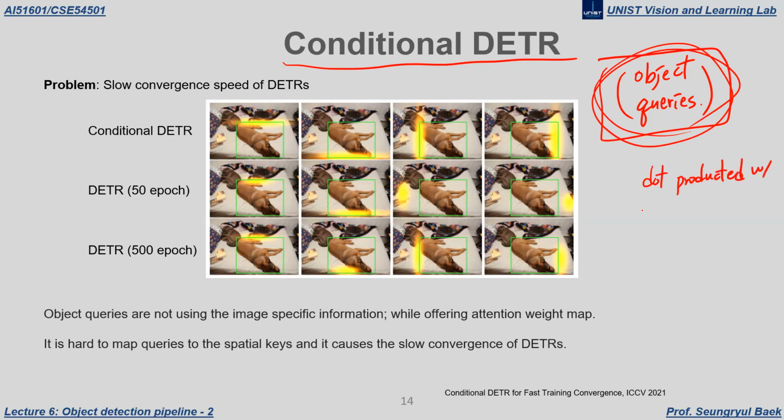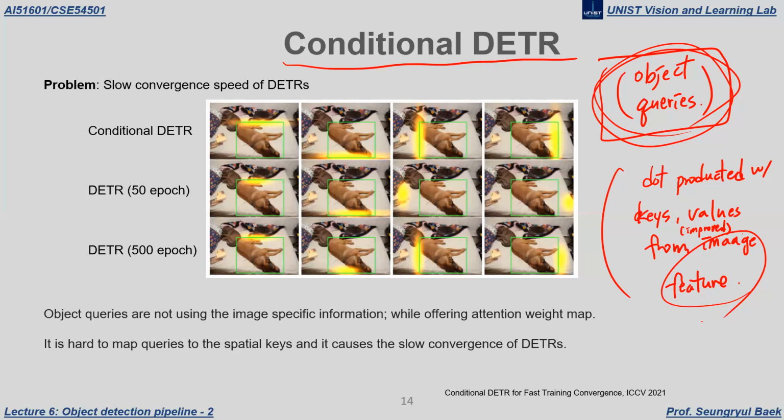the keys and values from the image feature, right? Actually the improved image feature, right? In the cross attention module, it is cross attended to keys and values which are actually from the image feature.